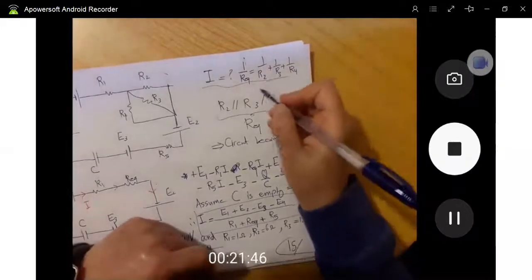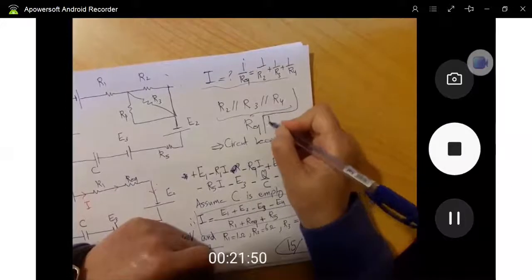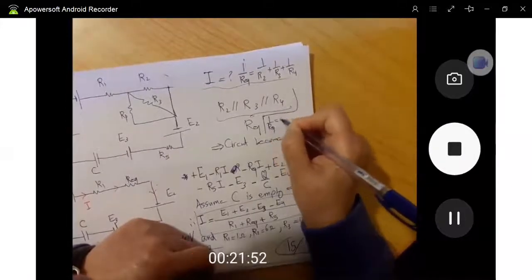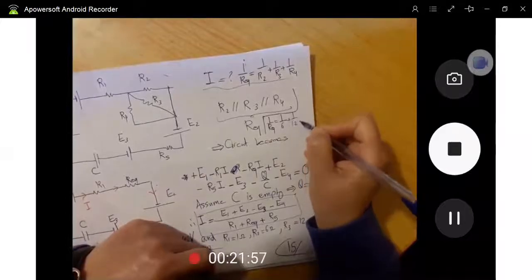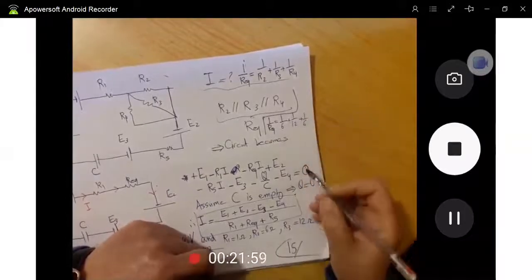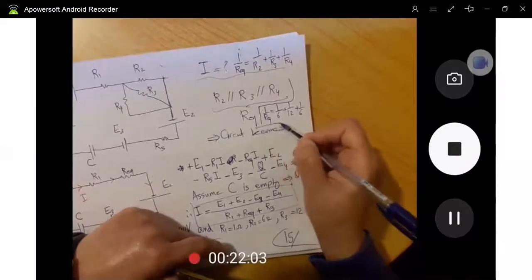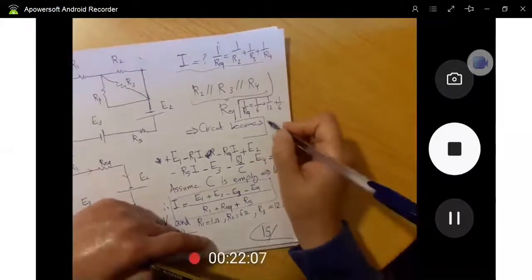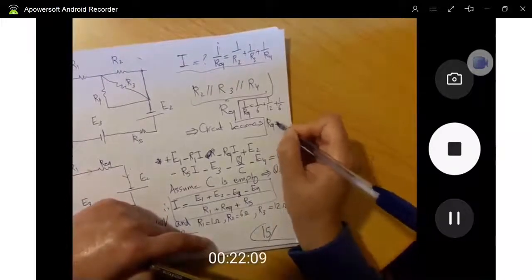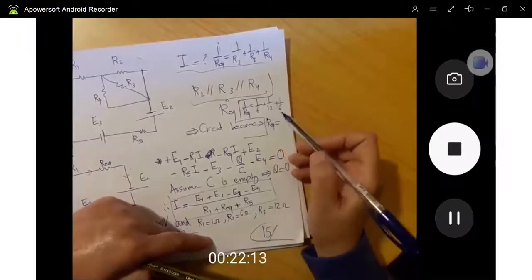In other words, 1 over R equivalent equals 1 over 6 plus 1 over 12 plus 1 over 6. When you calculate the R equivalent, it will be 1 over 6, 1 over 6.